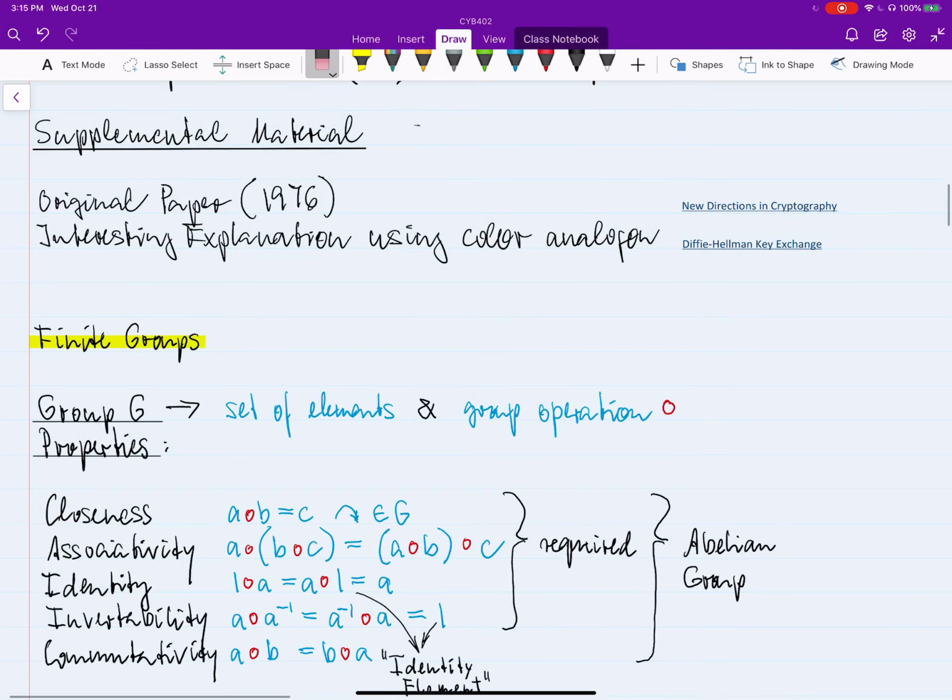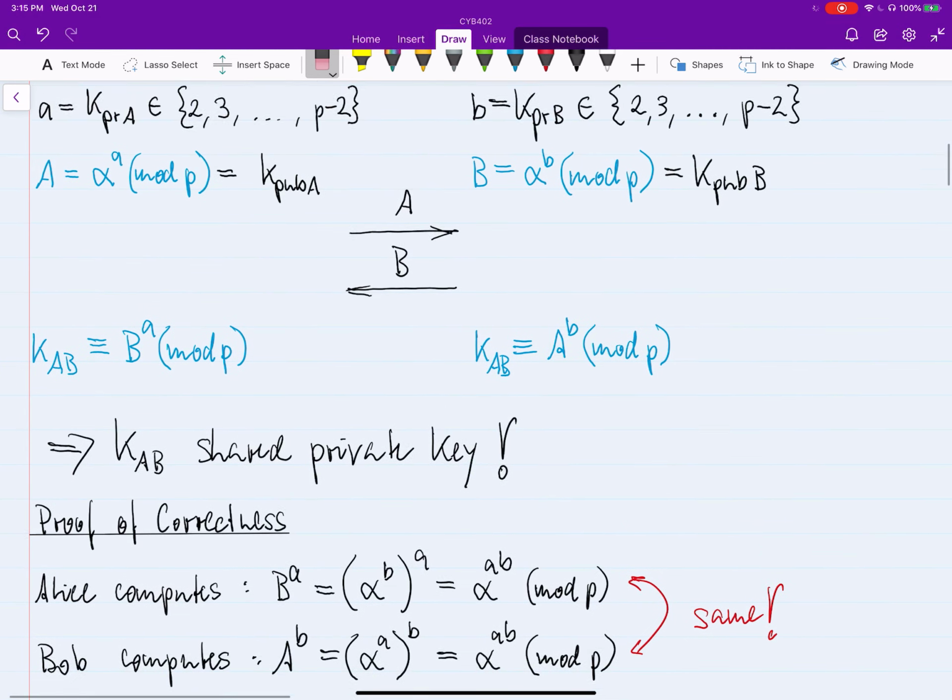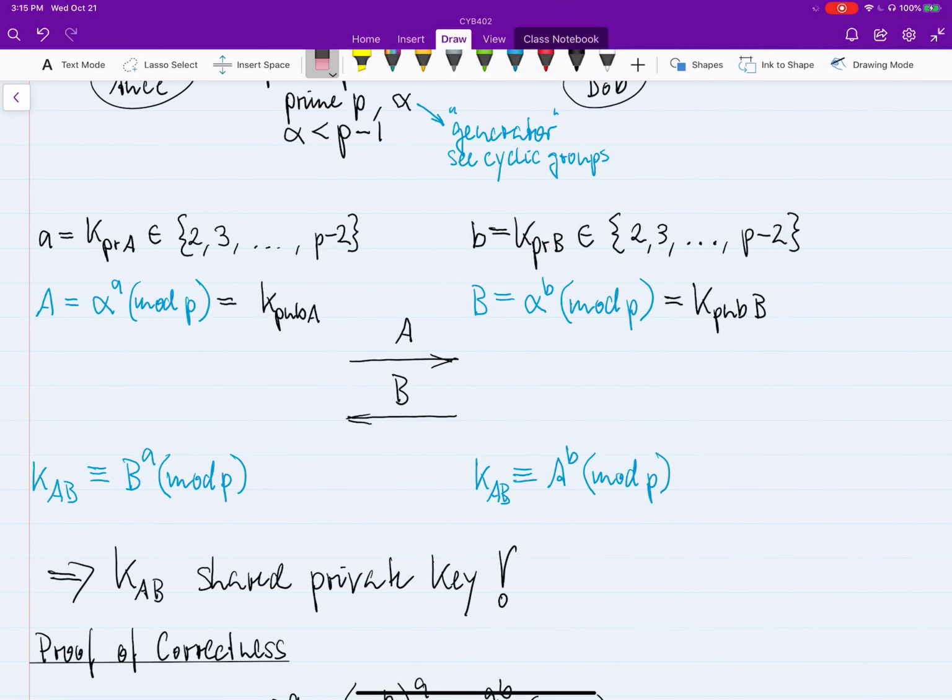So when you think about it, Diffie-Hellman really relies on a one-way function, which means that it's relatively easy to compute the power of a number, but it is really hard to determine what the power was actually.